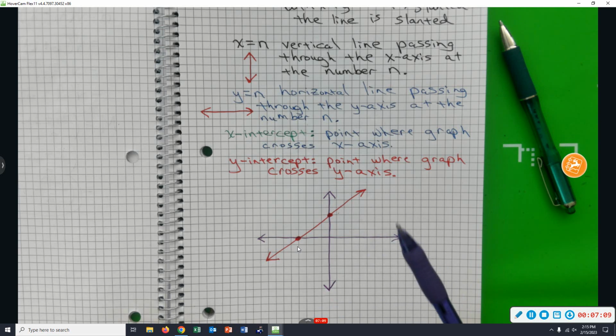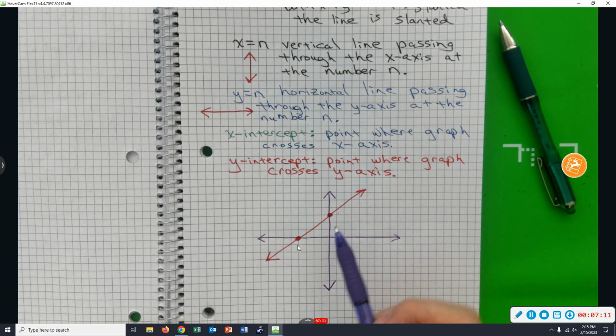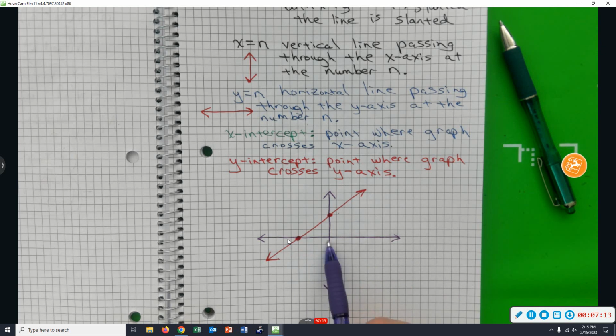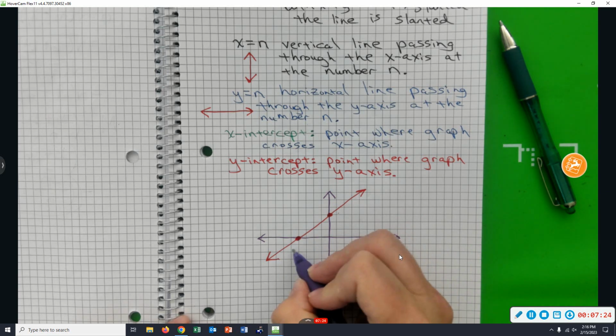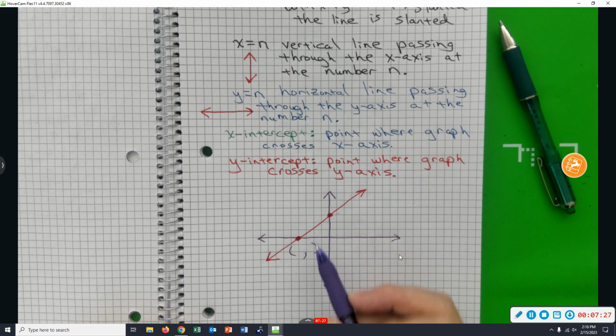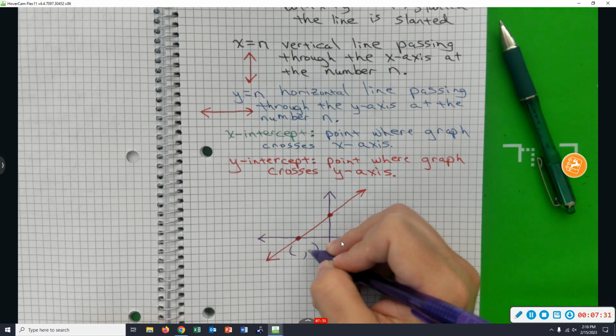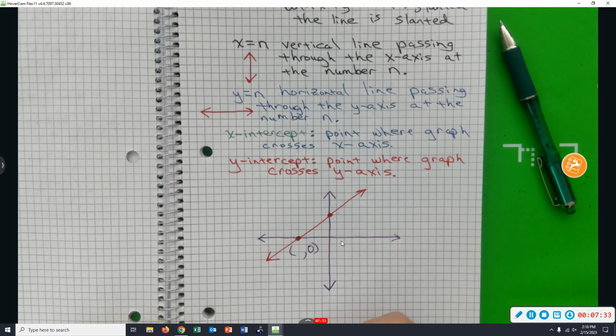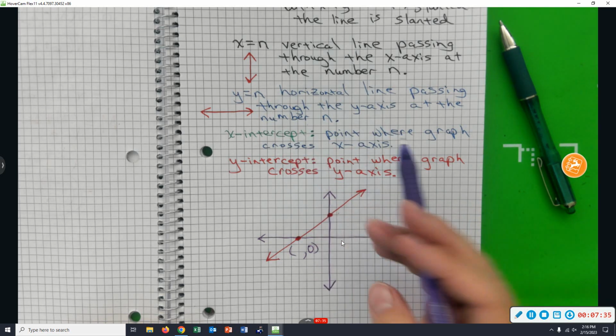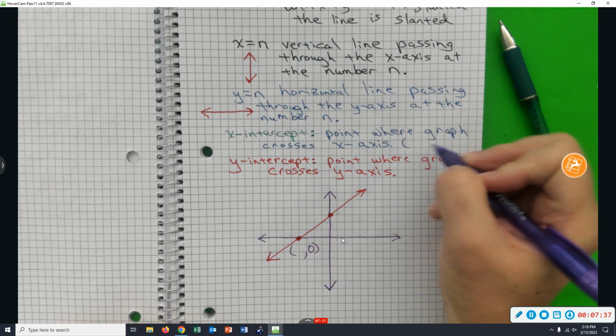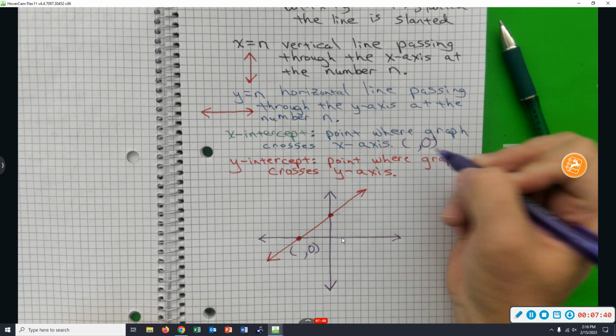Let's identify some coordinates. Let's start here. Well, we move left to get to this point, but if it's going to stay on the x-axis, you can't go up or down. So regardless of what the x-coordinate is, for the x-intercept, the y-coordinate must be 0.